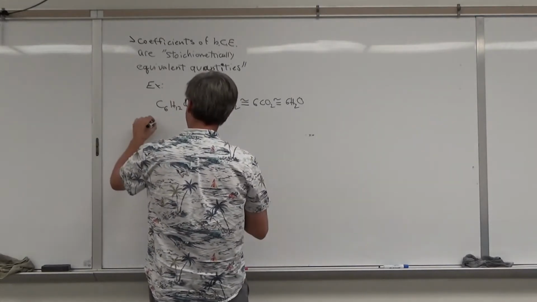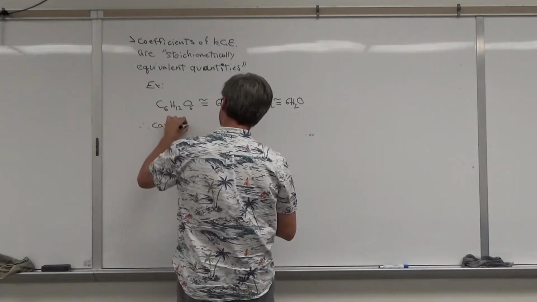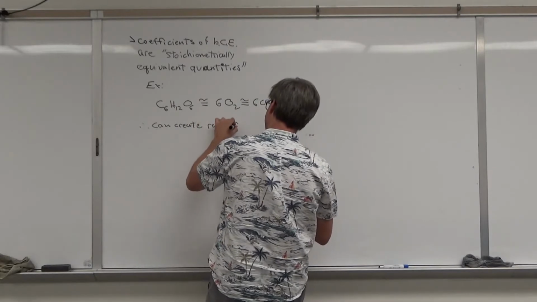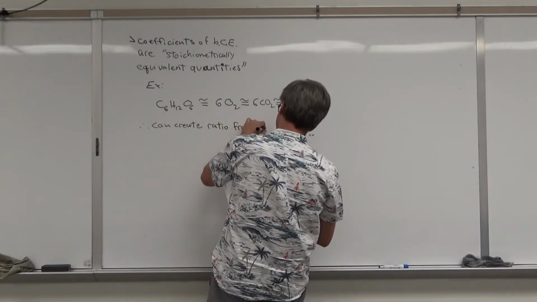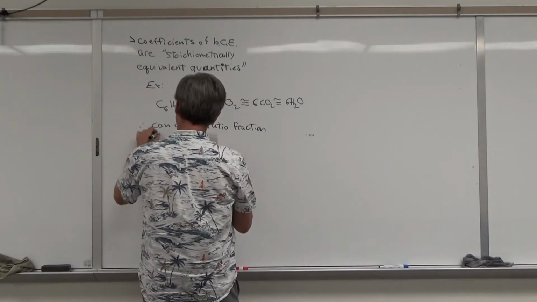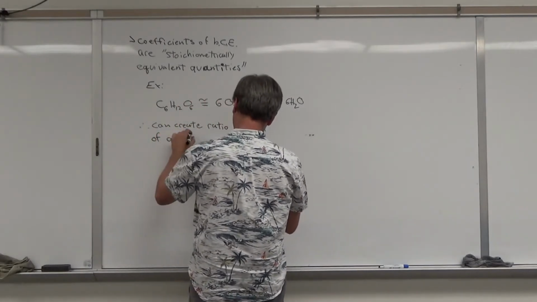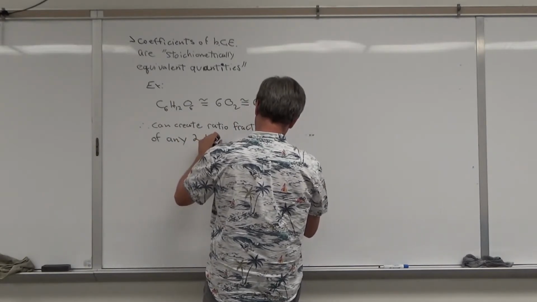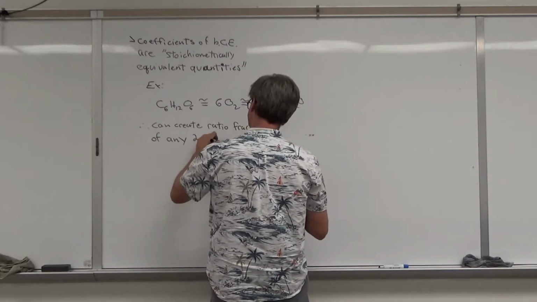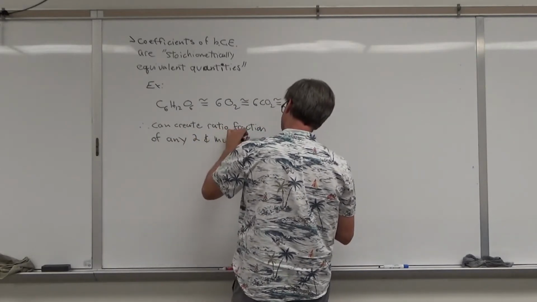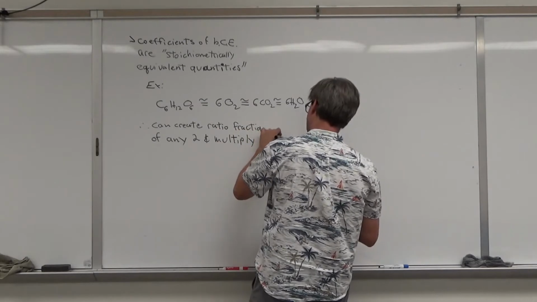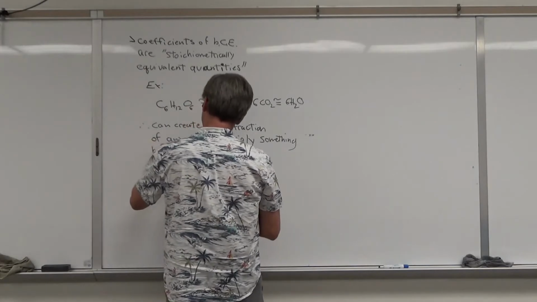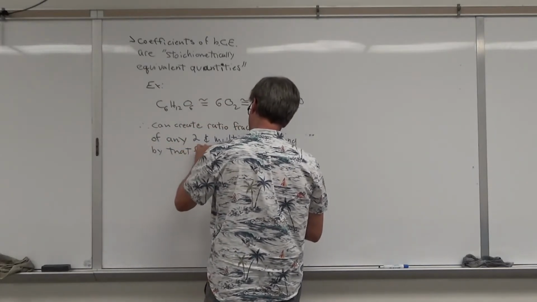Therefore, I can create a ratio fraction of any two and multiply something by that fraction without changing it.